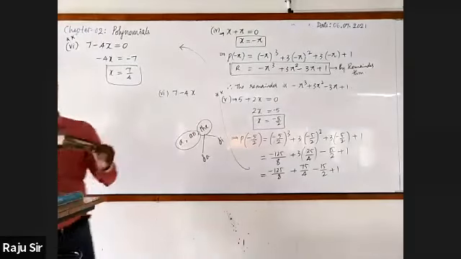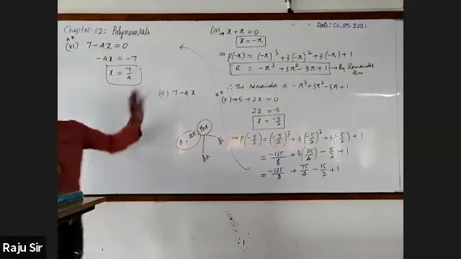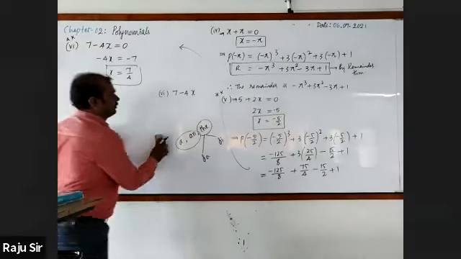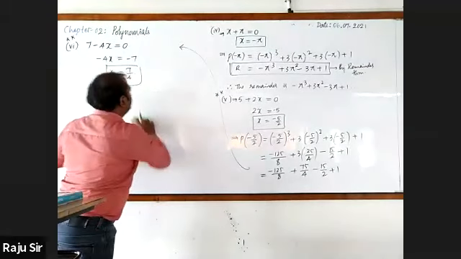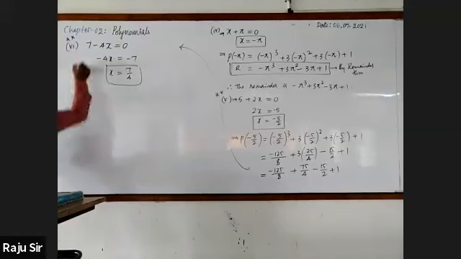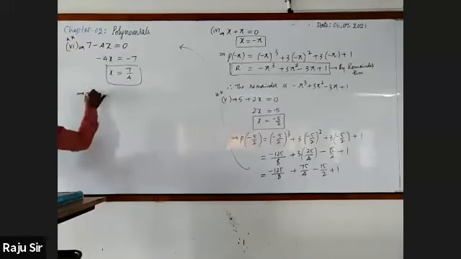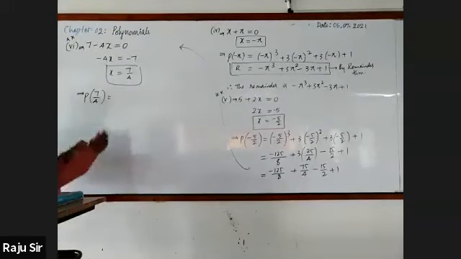Now let us substitute this x value in the polynomial. Here, I'll write. So P of 7/4.